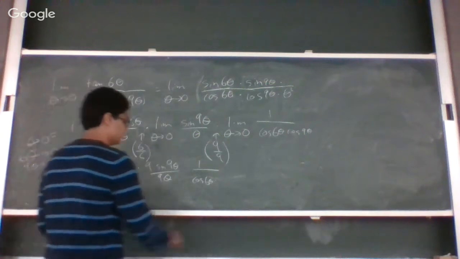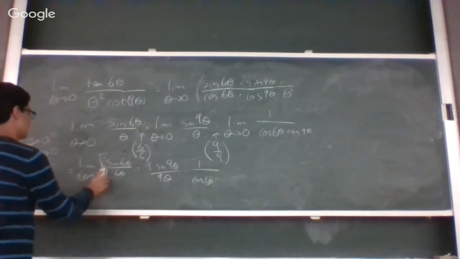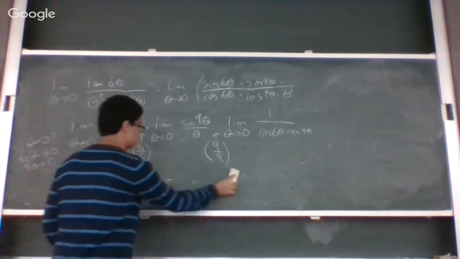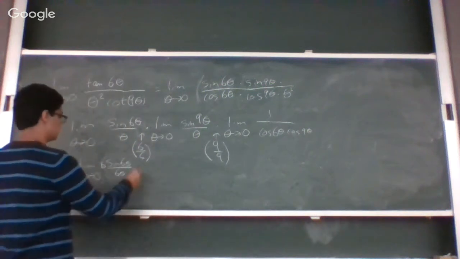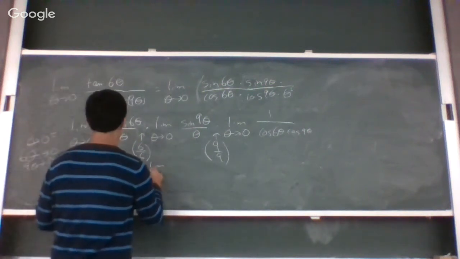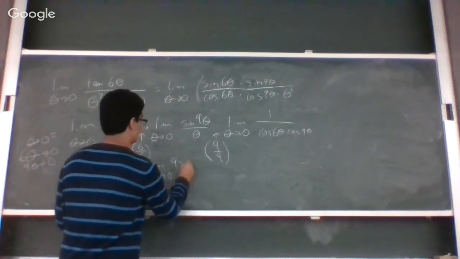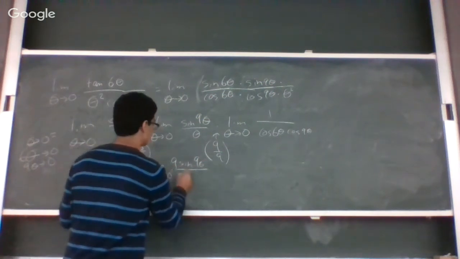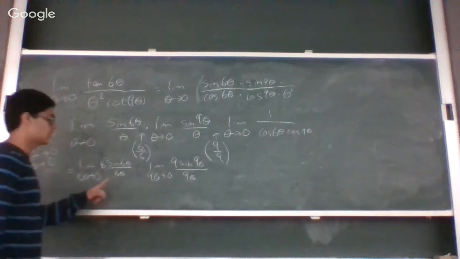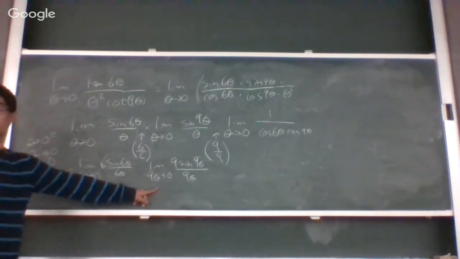Actually, no, we need separate brackets. We need to show it like this, so it'd be the limit as 9 theta approaches 0 of 9 sine of 9 theta over 9 theta. We need separate ones, okay?